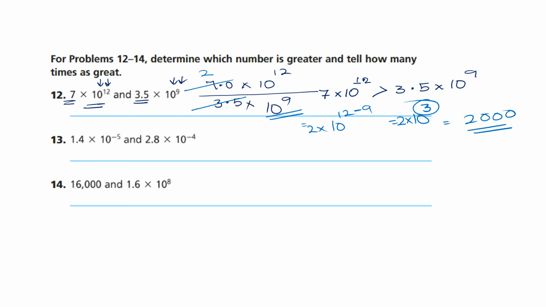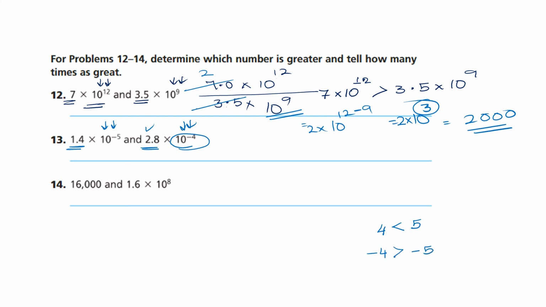Let's try another one. So 1.4, here 2.8. Now we know 2.8 is bigger. Okay, now check the powers. Is 10 power minus 5 bigger or 10 power minus 4 bigger? Of course, 10 power minus 4 is bigger. For the negative power, remember, 4 is smaller than 5, right? But minus 4 is bigger than minus 5.